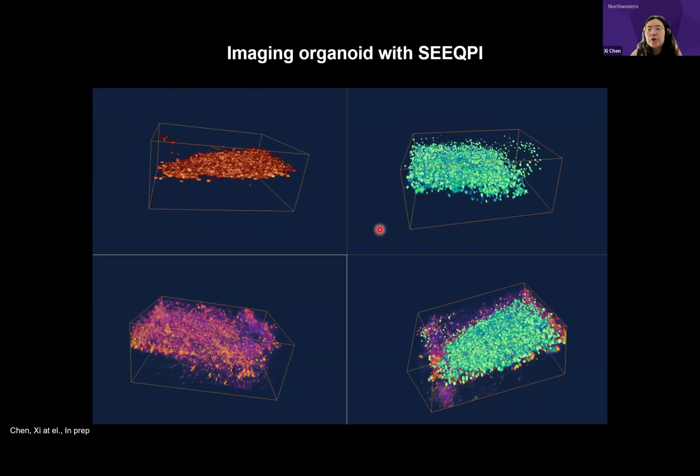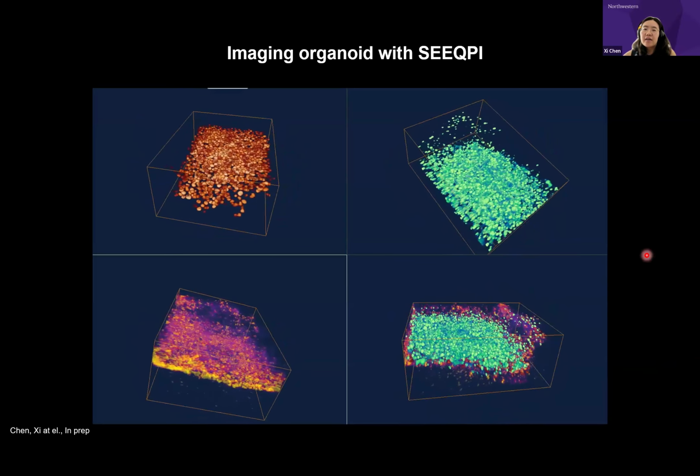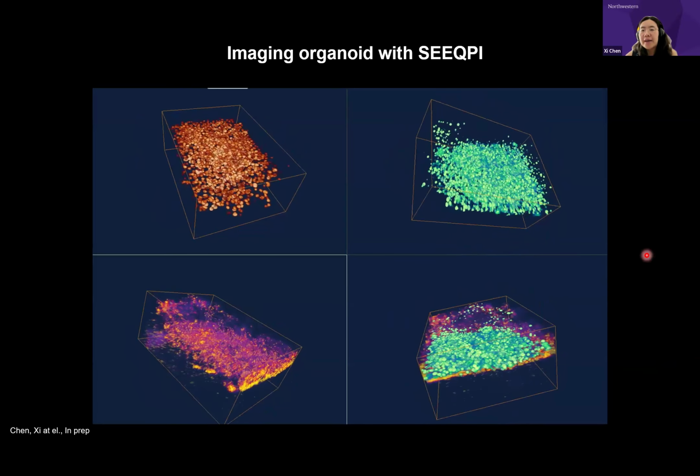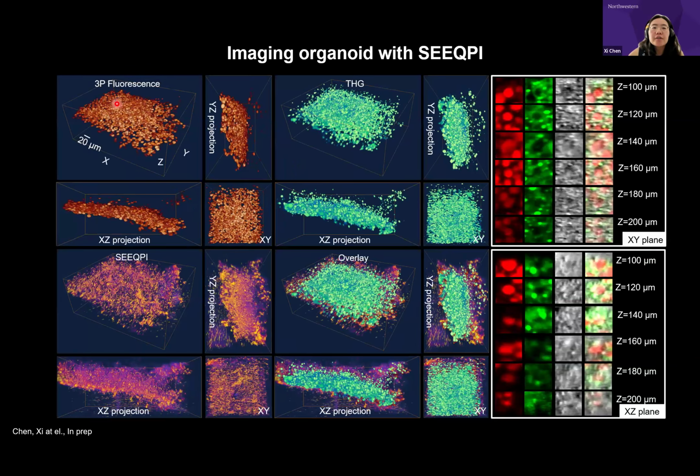So this is again an organoid. Because these organoids grow in PBS, the morphology is pancake shaped. On the top left, what you're looking at is the nucleus of the organoids imaged by three-photon microscopy. This column is the third harmonic generation signal coming from the organoids. And this column is the CQPI image of the organoids.